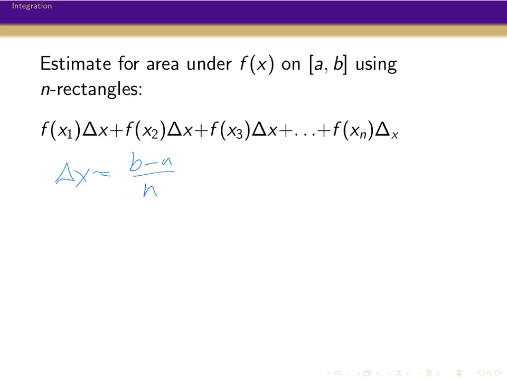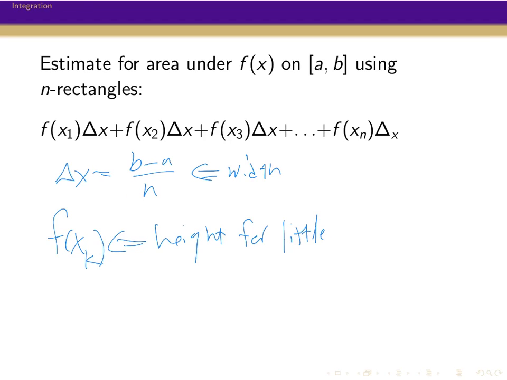This is the width of each subinterval, and f of x_k is the height for each of the little rectangles. When you multiply the height times the width, that gives you an area.